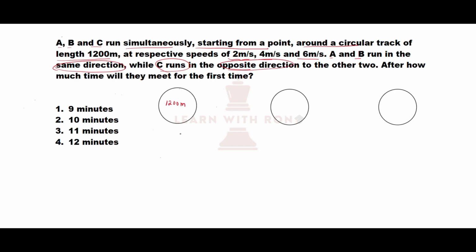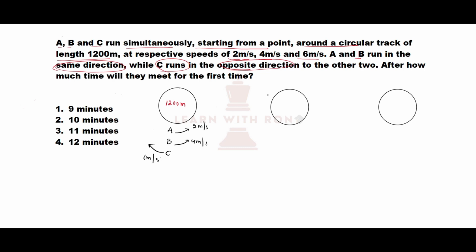So, there are three persons A, B and C, where A and B are running in one direction and C is running in the opposite direction. The speeds are A 2 meter per second, B 4 meter per second and C 6 meter per second.